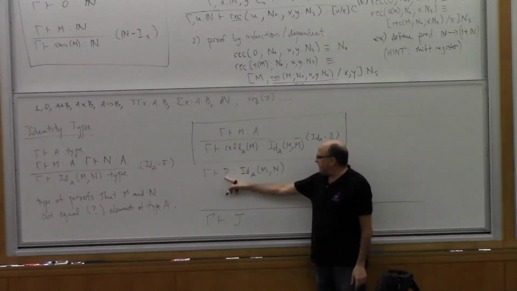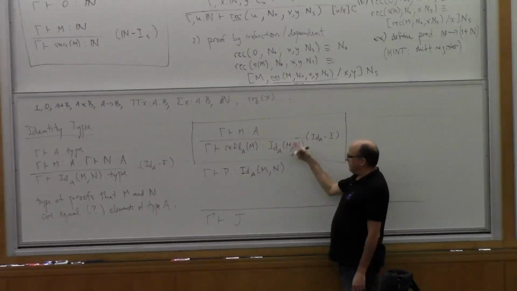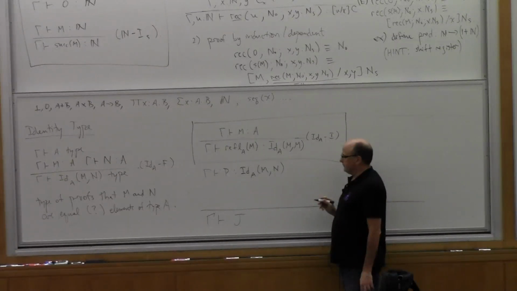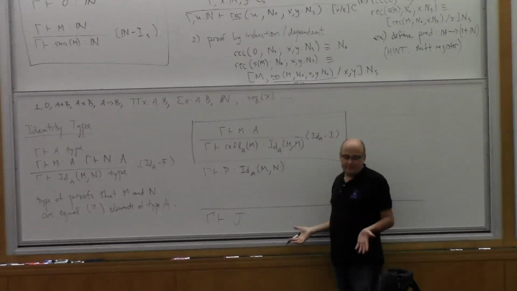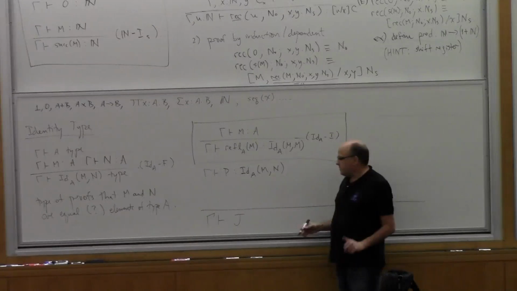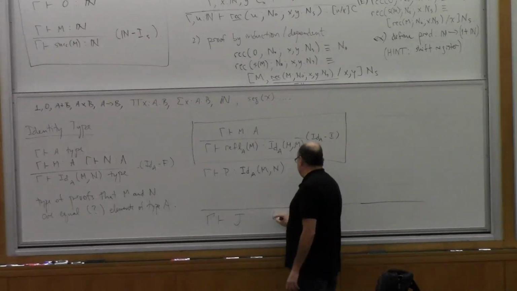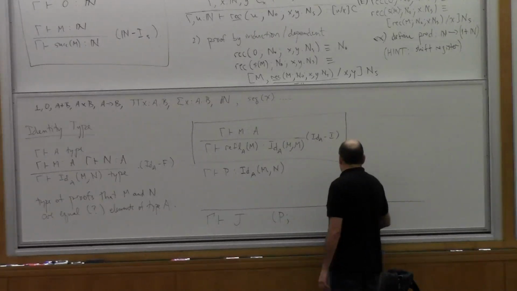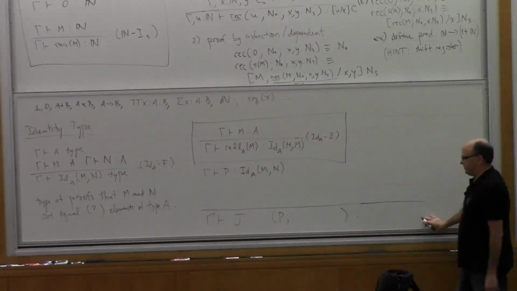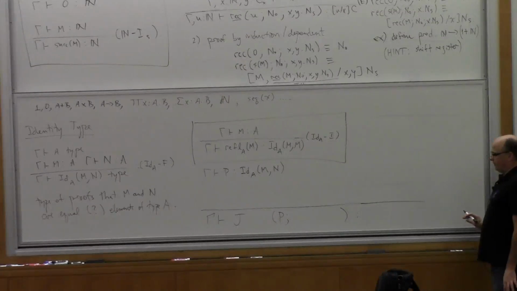So I've got an element P of the type that's inductively defined by this rule, and I want to reason from that fact. What I'm going to do is leave a little space, compute on P in some manner, and wind up with something that goes here. And there's going to be a question as to what would go there.